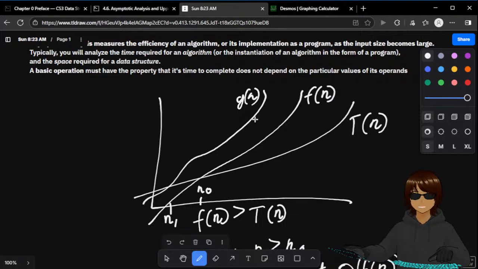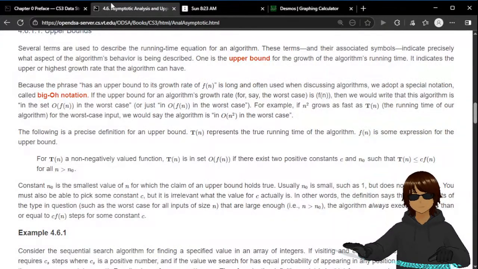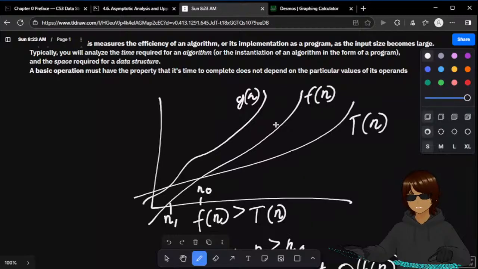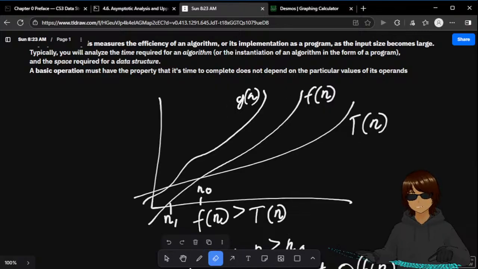It doesn't have to be greater all the way, it has to be greater after some cutoff point. And we multiply it by a constant as well. So I think c times g(n) would not matter. There has to be some constant.